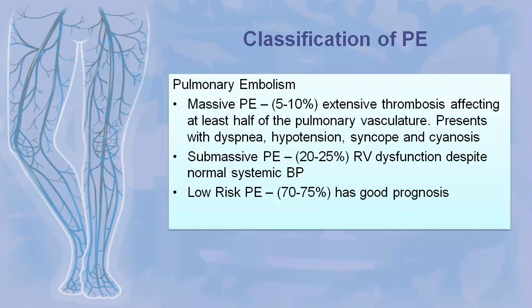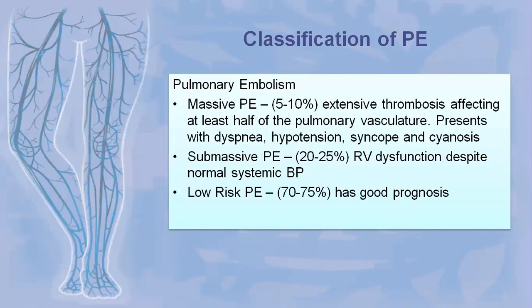So pulmonary embolism is classified as massive PE, submassive PE, and low risk PE. When you say massive PE, it's around 5 to 10%. There is extensive thrombosis affecting at least half of the pulmonary vasculature and may present with difficulty of breathing, hypotension, syncope, and cyanosis.